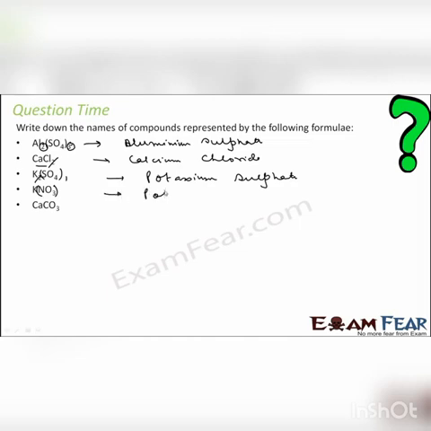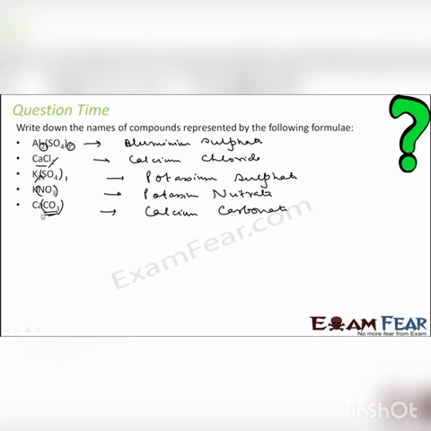K is potassium again, and NO3 is nitrate. So it is potassium nitrate. CaCO3. Again CO3 is a polyatomic ion. Ca is calcium, and this is carbonate.